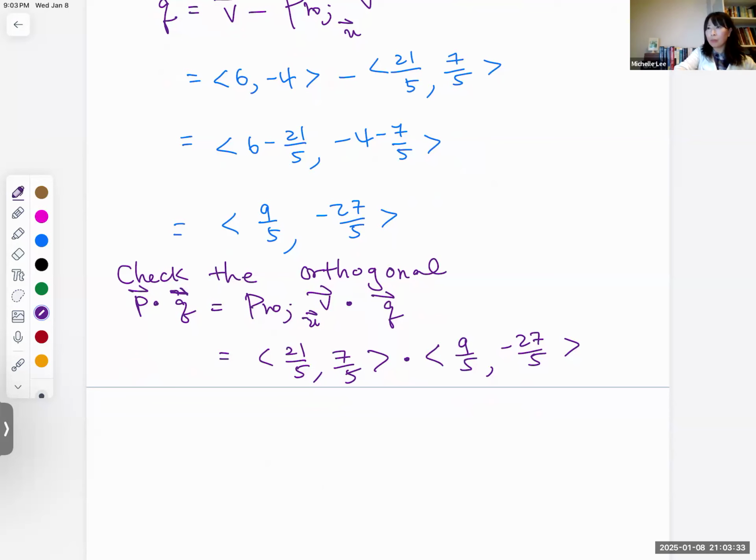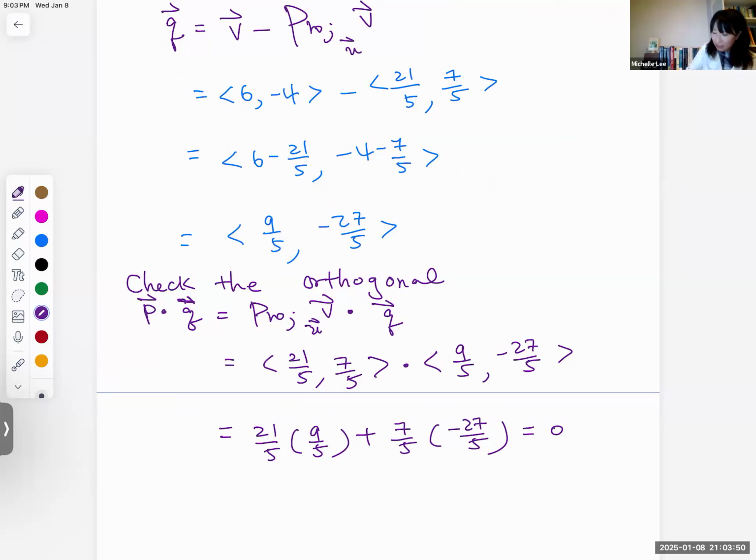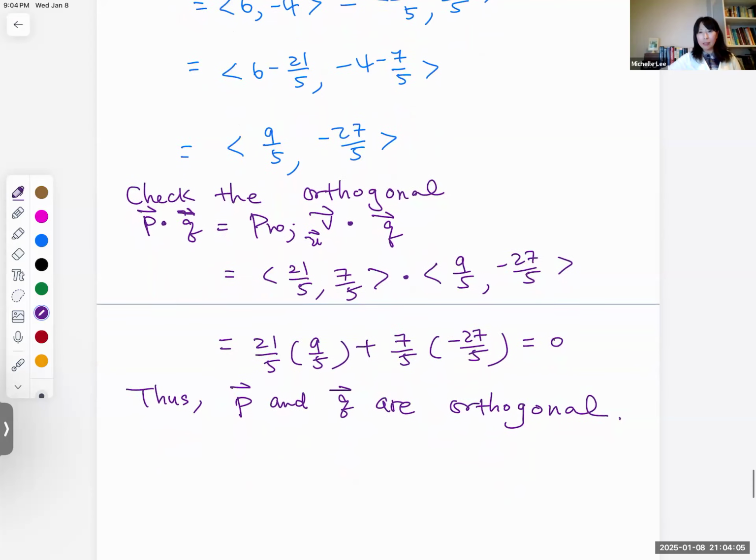What do you get? So 21 over 5 times 9 over 5, plus 7 over 5 times negative 27 over 5. Do we get 0? Yes, very good. So P and Q are orthogonal. Oh, you cannot see. Very sorry. All right. So we understand another terminology, which is orthogonal complement.